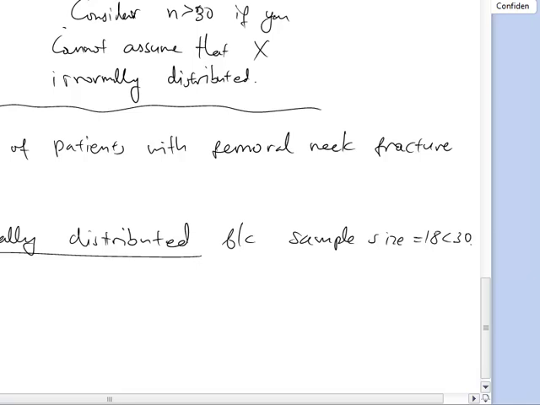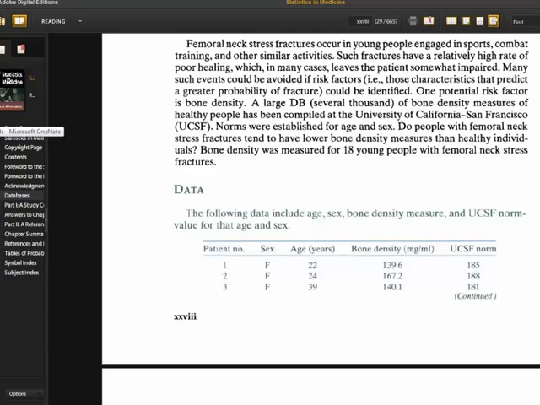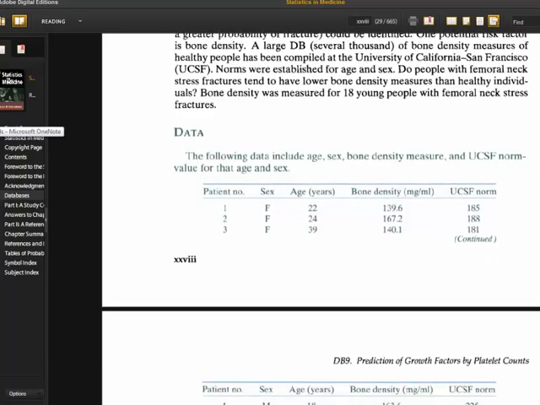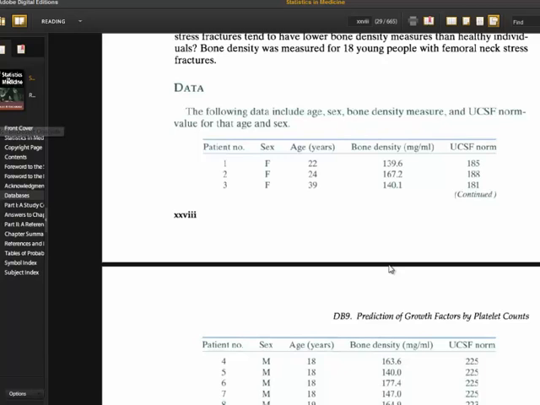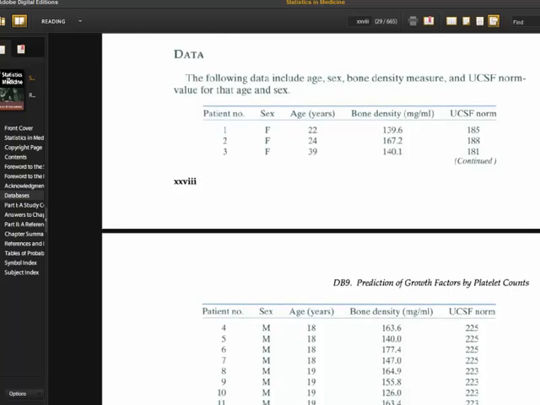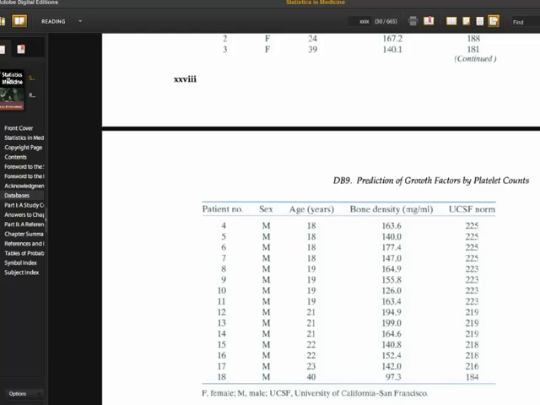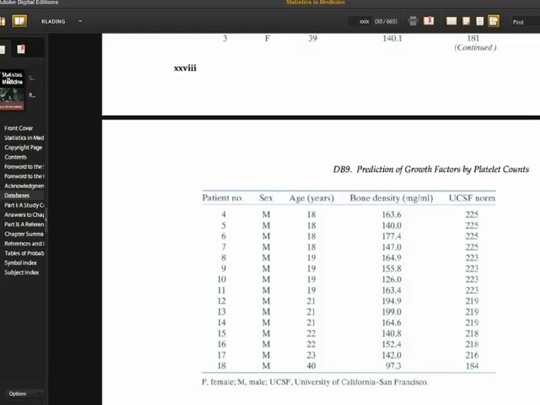So now I take the data, the bone density that we have here in this table. That's the column where you see the bone density. Take the bone density from both female and male patients, because we're talking about people. So people are males and females. You cannot preclude the females, although you have a smaller number of them. Ideally, you would like to have more, but anyway, you can't force people to have these kinds of fractures because you want to collect the data. You just simply have to chase more data.